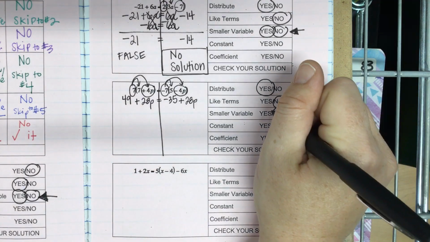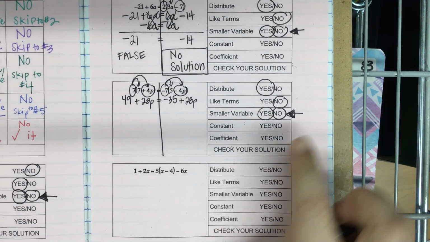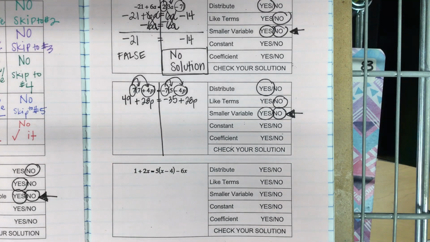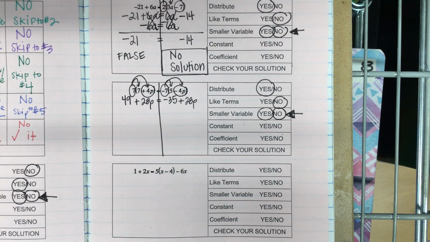Because this is where my problem kind of falls apart. It crumbles like a cookie. If you look at this problem, my variables are the same. So I'm going to move one of them. Doesn't matter which one. -28p on both sides because they're both the same.